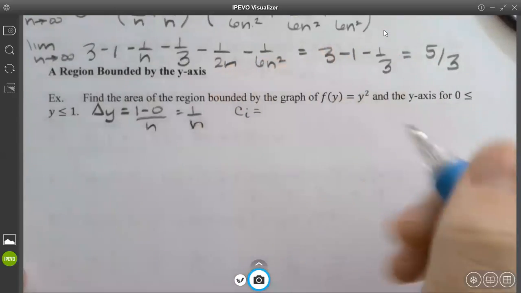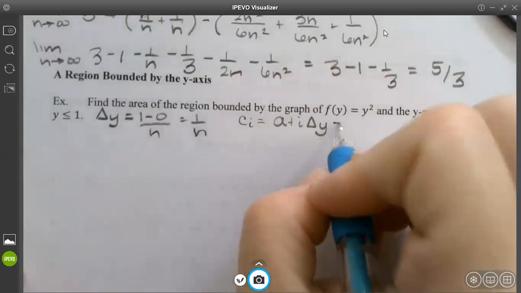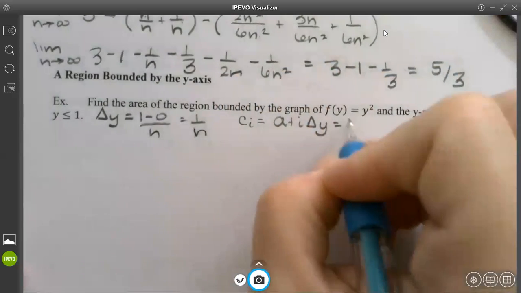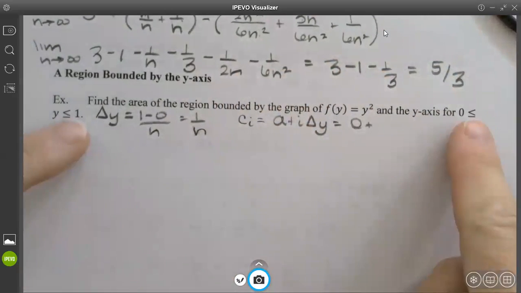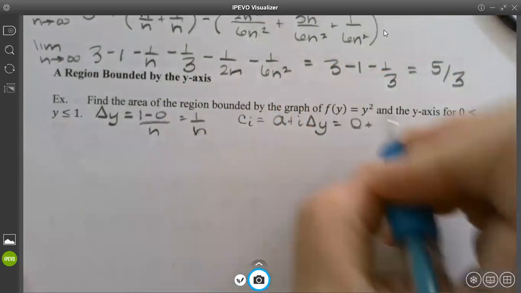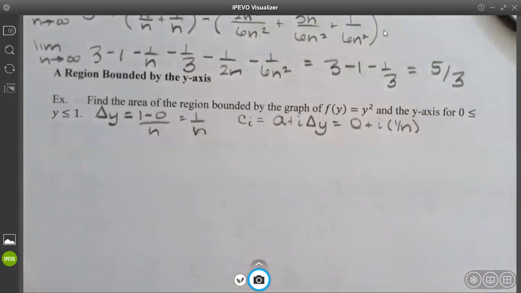How do we get CI? Very good. Which is? Zero. Yeah, it just said it. It's just saying for the y between 0 and 1. So that's your interval. Yep. What was delta y?